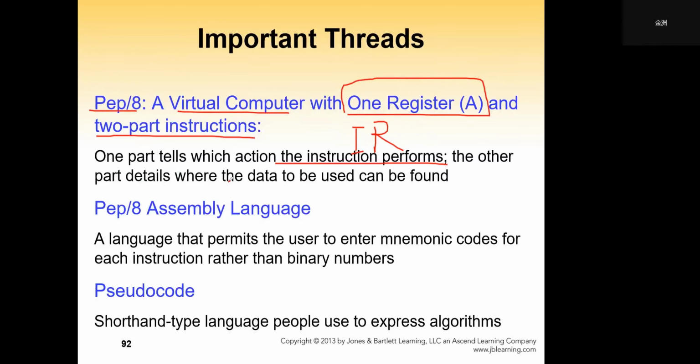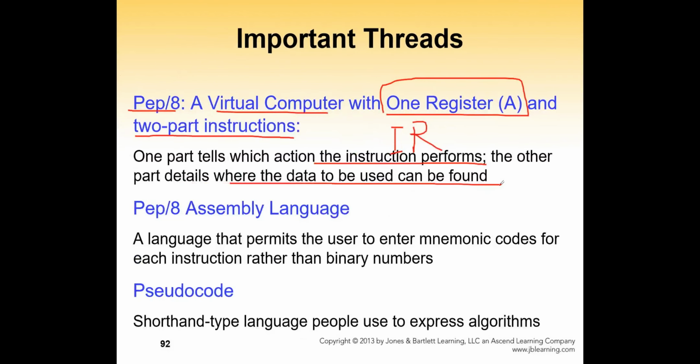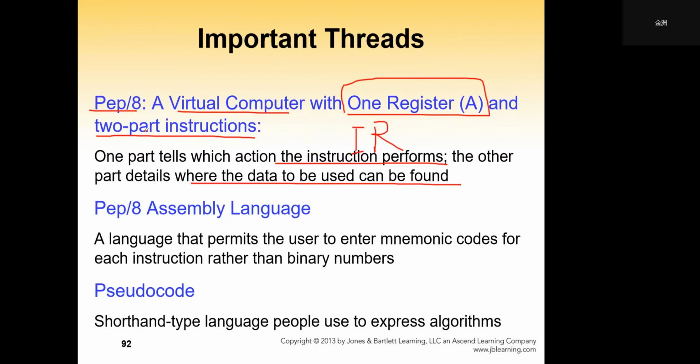The other tells where the data to be used can be found. In fact, another register is the program counter. This holds the position or address of the next instruction to be executed. So we introduced three important registers.